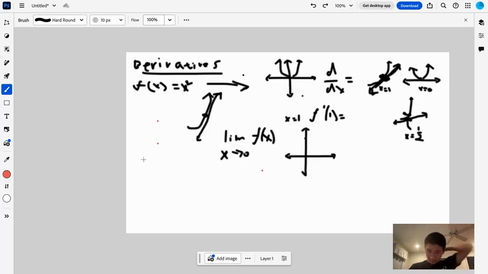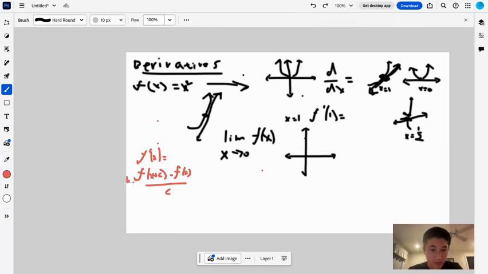So the limit definition of a derivative is just f prime of x equals f of x plus c minus f of x, divided by c, or the change of x. And this is all the while the limit as c approaches 0. So this can be for any value of x in the function.